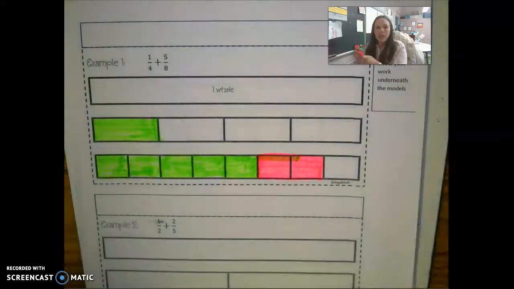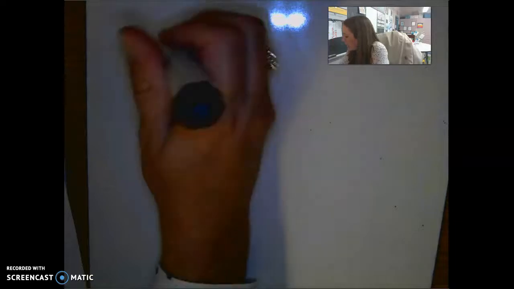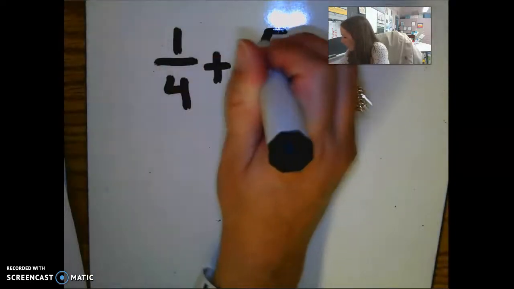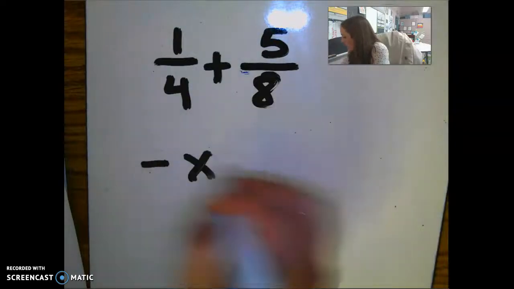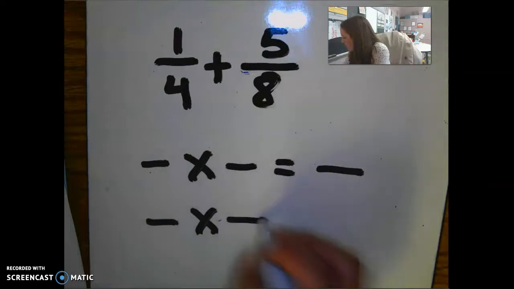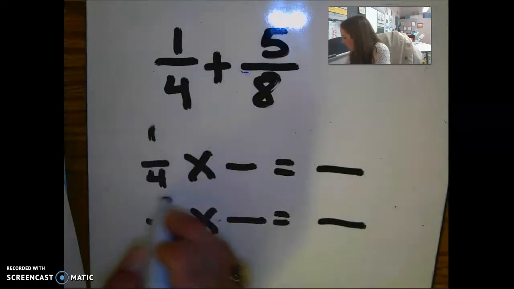Okay, so let's do the math and see if it works. We're adding 1/4 plus 5/8. We're going to do our dash times dash equals dash. Okay, put our original fractions.